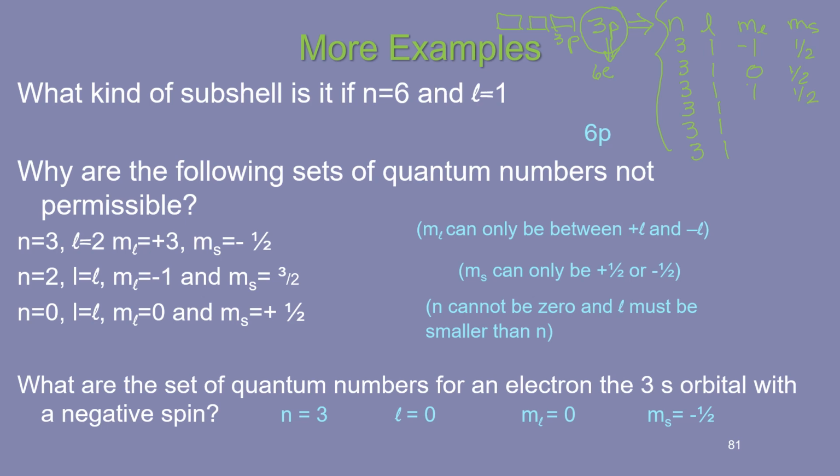But since m sub s can also be -1/2, I can have these three again. It doesn't matter the order. You could have put -1, 1/2, -1, -1/2, 0, 1/2, 0, -1/2. You could put them in any order, but these are the 6 electrons that will fill up the p orbital. So that's something else you can do.